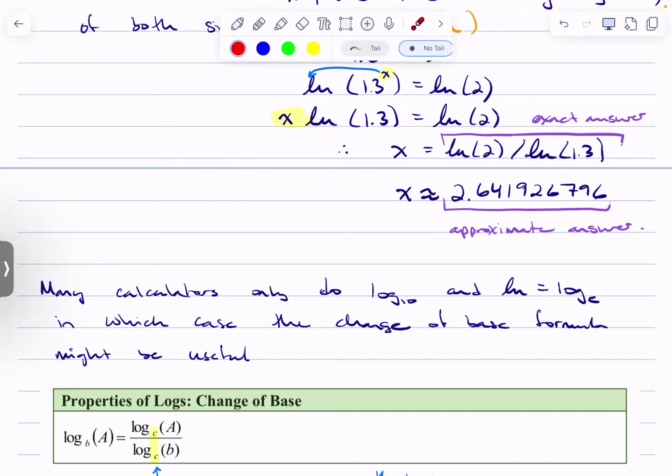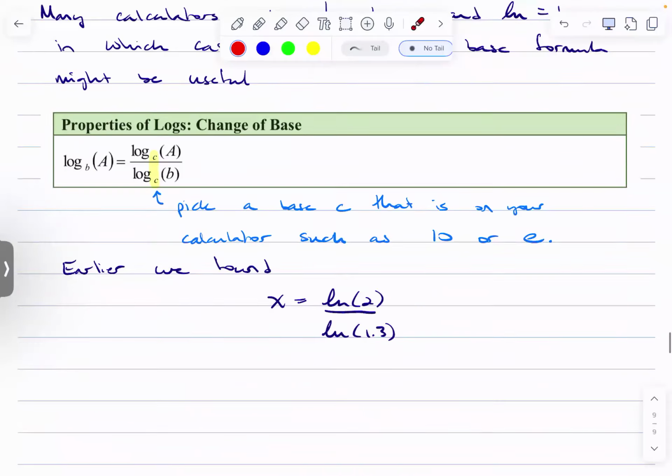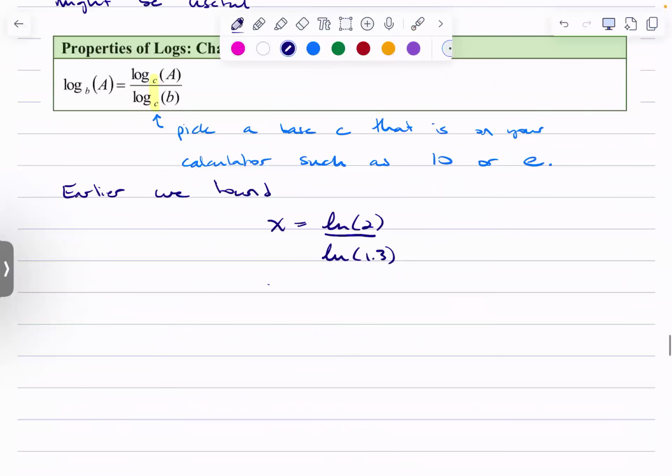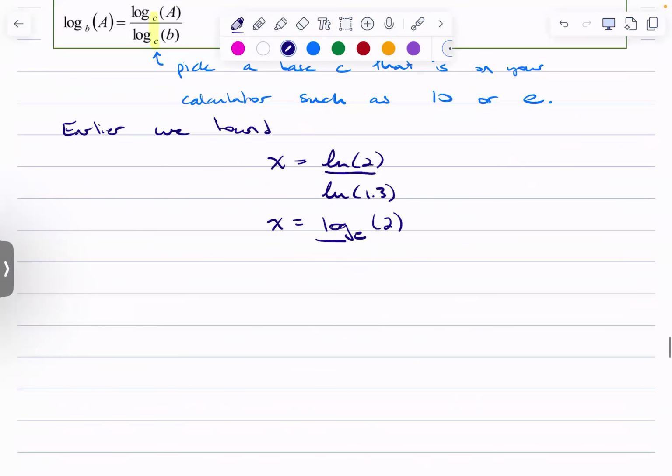Now what we could do is rewrite this as one log instead using the change of base formula. And so here, this is the same as the log base e, just for clarity, of 2 divided by the log base e of 1.3.